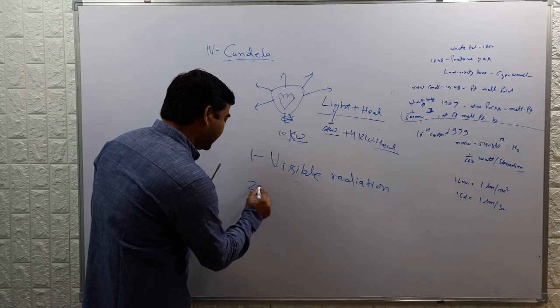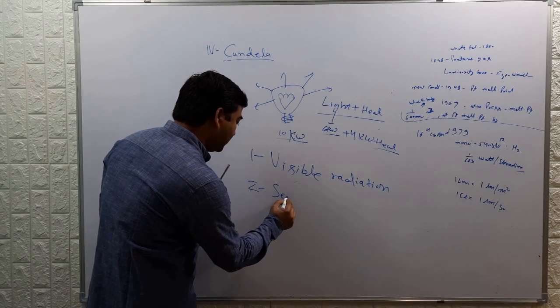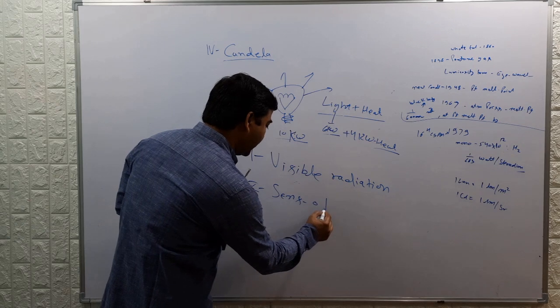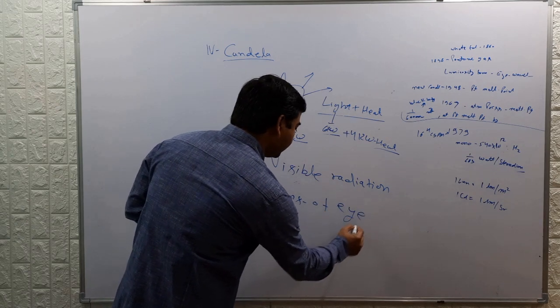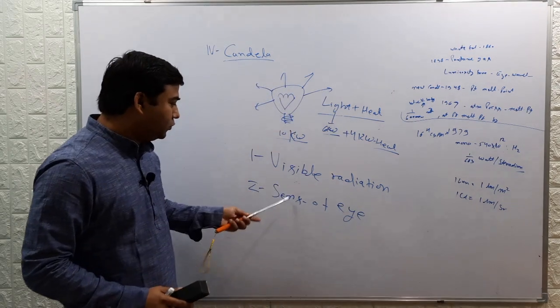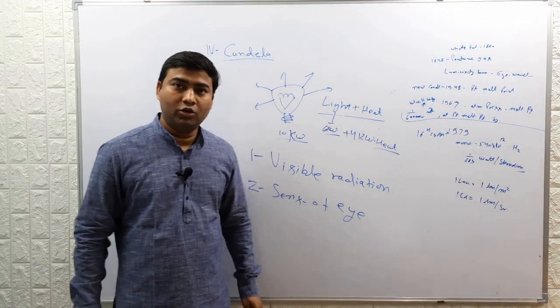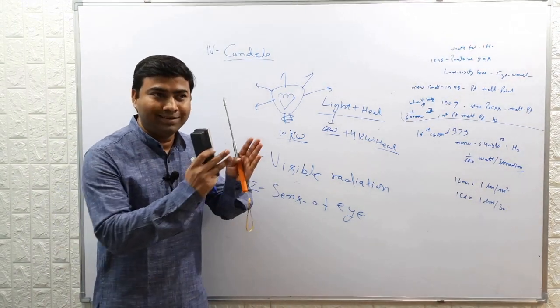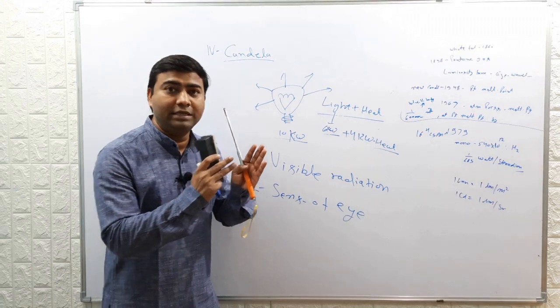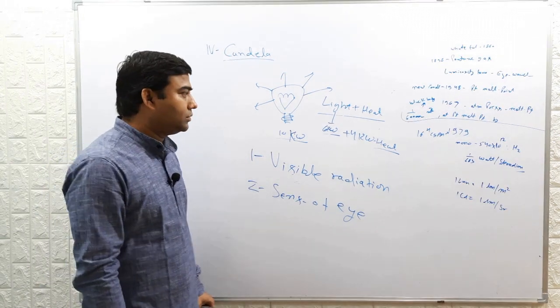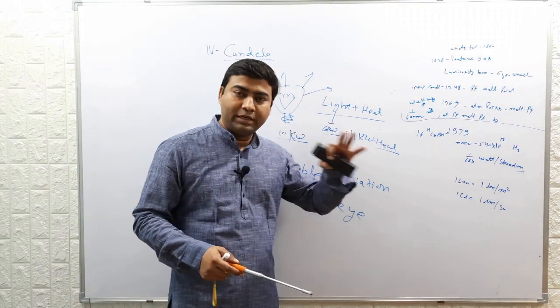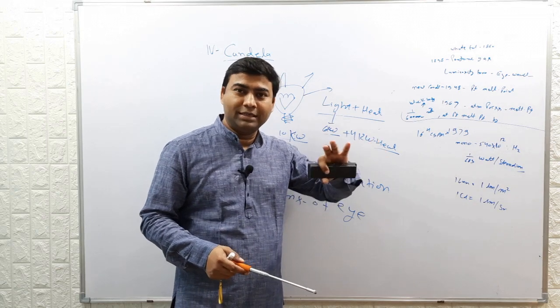So the second factor is sensitivity of the eye. So these two factors contribute to luminous intensity.